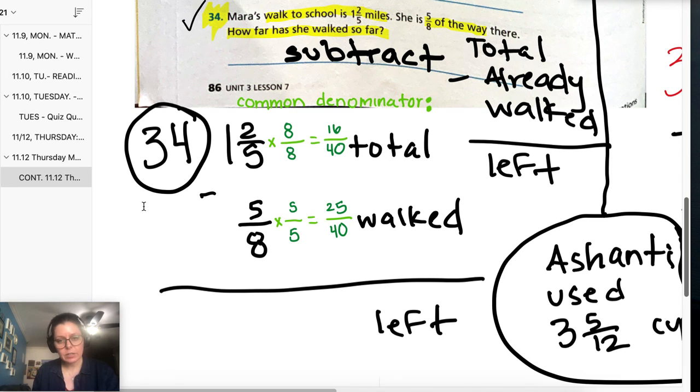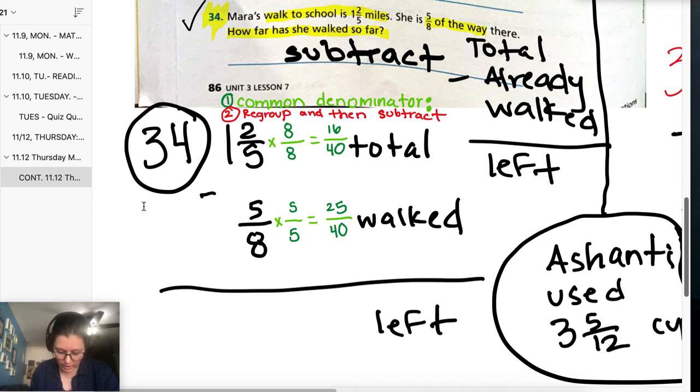Now I can subtract. But before I do, I need to regroup. So first, I figured out my common denominator. Second, I need to regroup before I can subtract. So I'm going to regroup and then subtract after that. So how am I going to regroup?